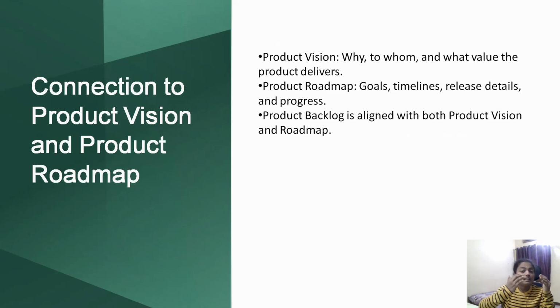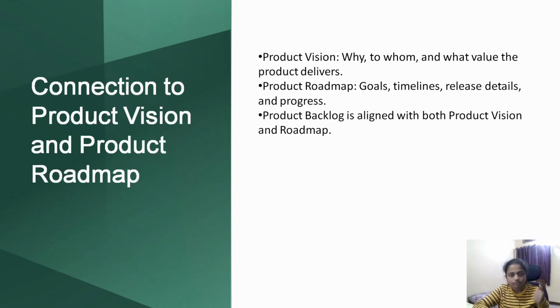But right now, the releases are also the roadmap, because the release details are available in the roadmap. Those details are also very important when you are creating the product backlog, because that will give you a clear picture of what are the things that are coming in and when we should be planning that release and what are the items we need to prioritize.